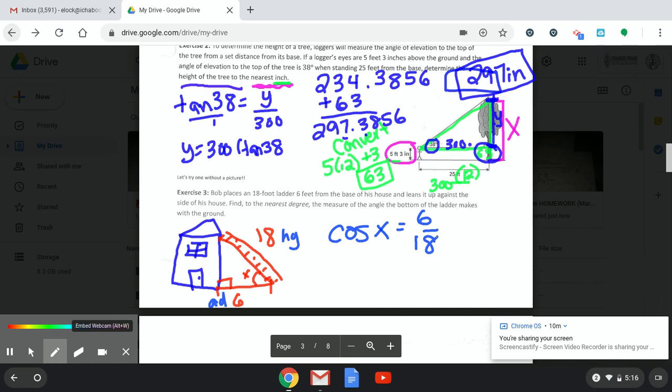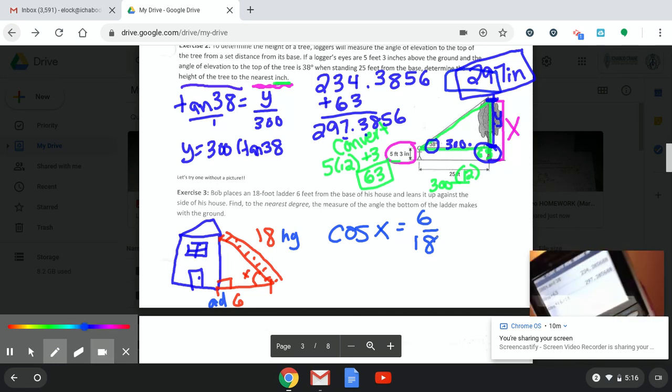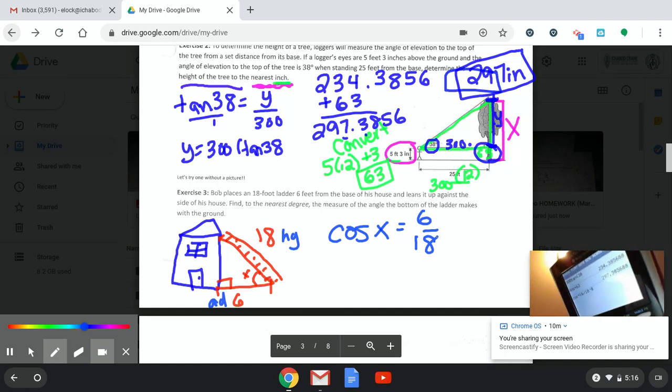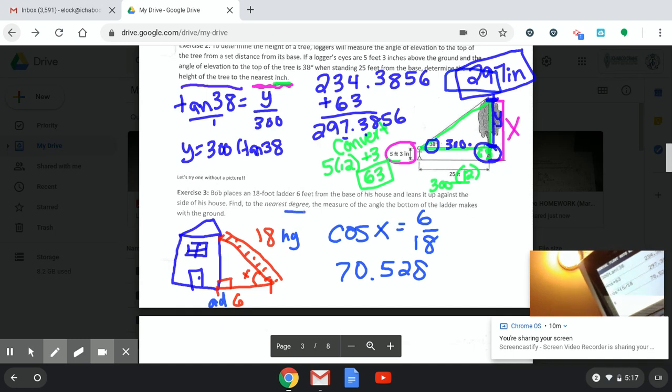So looking here, second cosine of 6 over 18 will give you 70.528. So let's write that down, 70.528. And rounding to the nearest degree here, we are going to bounce that up. So 0.5 will bounce us up for our answer to be 71 degrees.